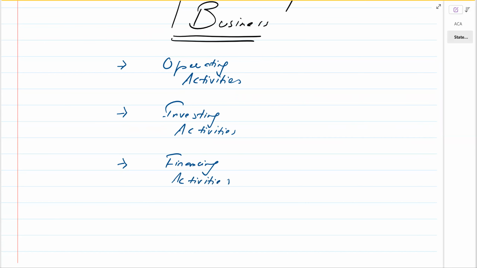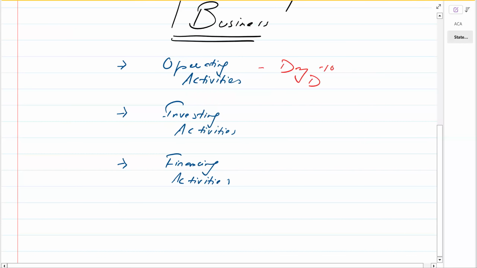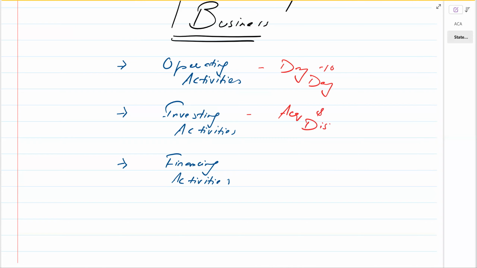So a business needs to know the cash flow from all of these three activities: operating activities, which is the day-to-day activity, investing, which includes the acquisitions and disposals, and then the financing activities, which is related to the raising of finance, whether from equity or debt.